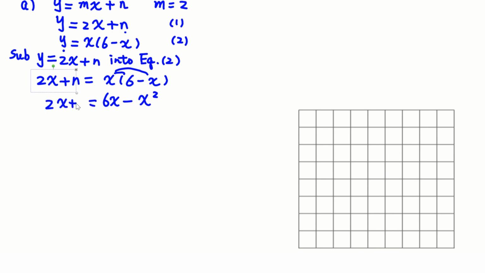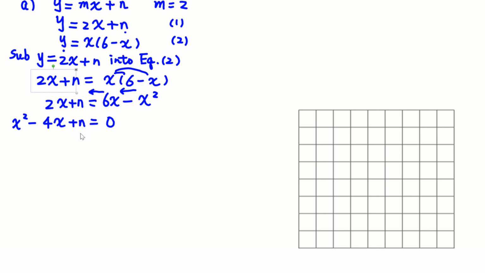We don't want to see negative 1x squared, we want to see positive, so we move the 6x and the negative x squared to the other side. Minus x squared to the other side becomes positive x squared. Minus positive 6x becomes minus 6x. Minus 6x plus 2x is minus 4x, then plus n.